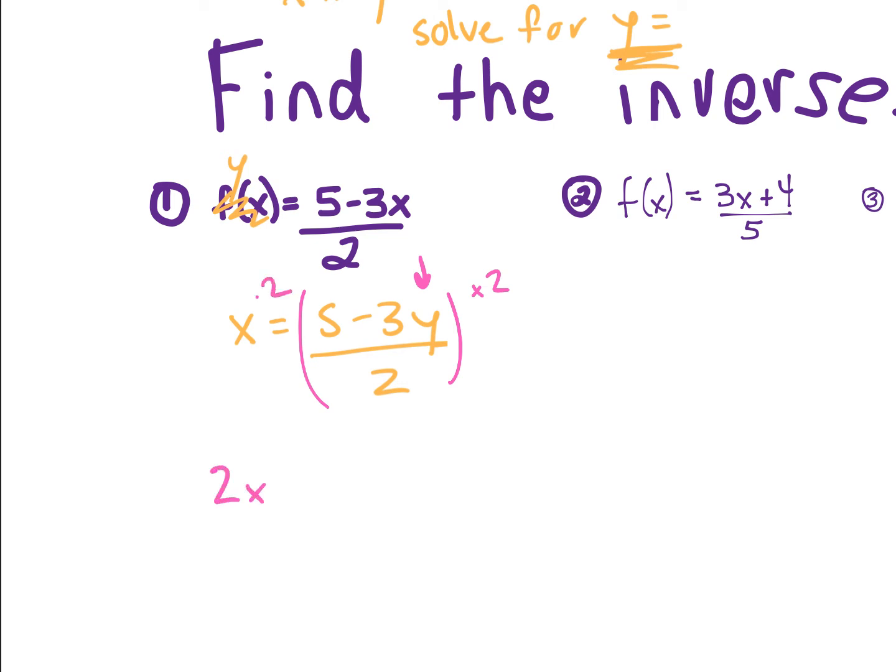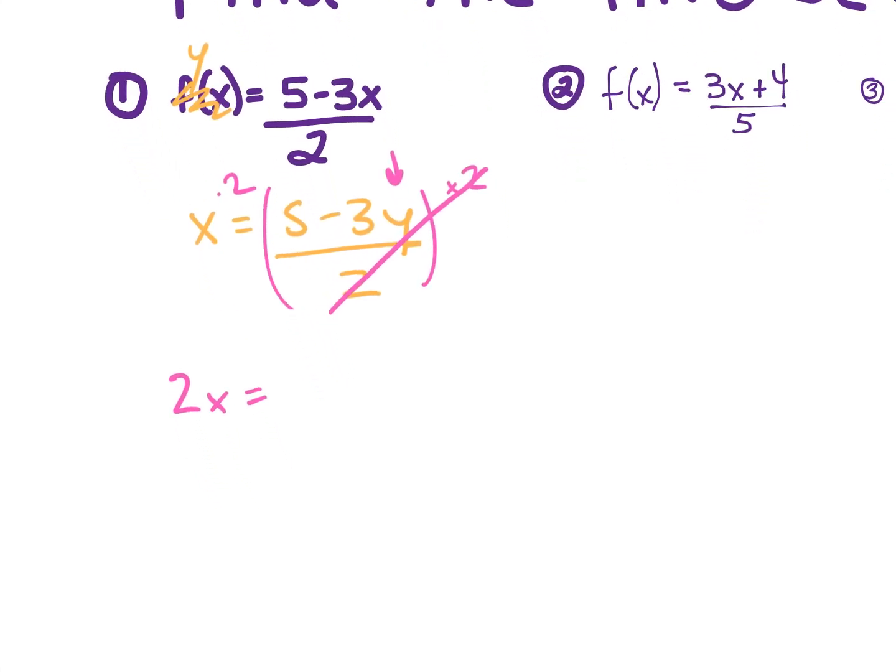So this is 2x is equal to, the 2 that I'm multiplying is going to cancel out with the 2 on the bottom. We don't distribute that 2. That's kind of a common mistake that people will make, is they distribute it to both things on top, but it just cancels out with the bottom. You're not distributing it. When we divide by 2, it gets canceled out with multiplying by 2. So I'm only left with 5 minus 3y on the right side.